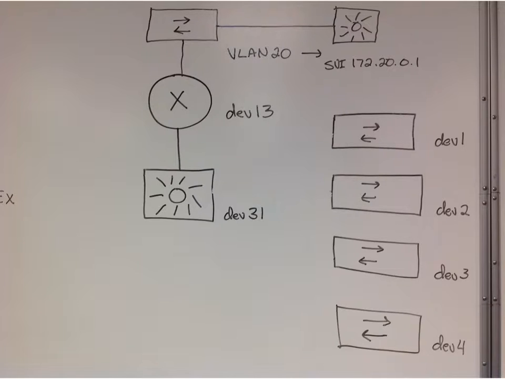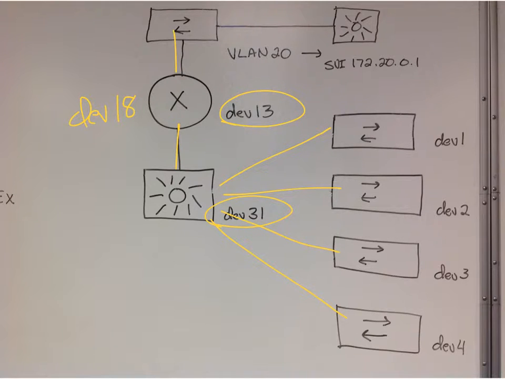This is a lab scenario we're actually going to use for the other class. And we did a little bit of work on it today. And in reality, this is really going to be device 18. This is still 31. And we're going to go out, and this is not through there anymore.